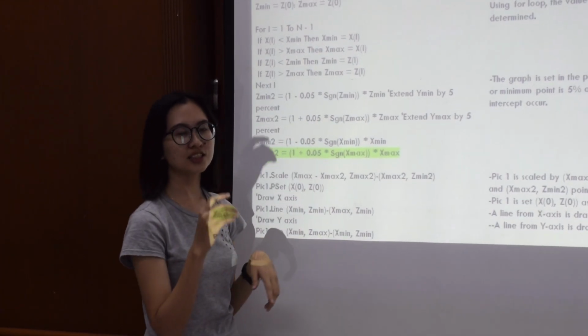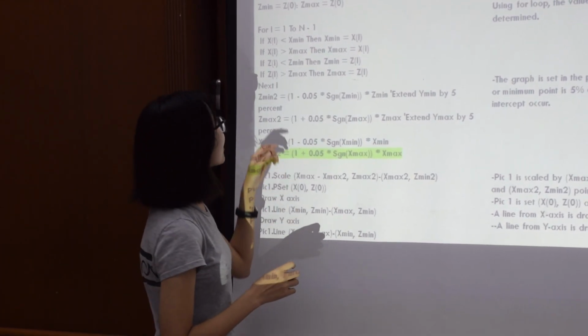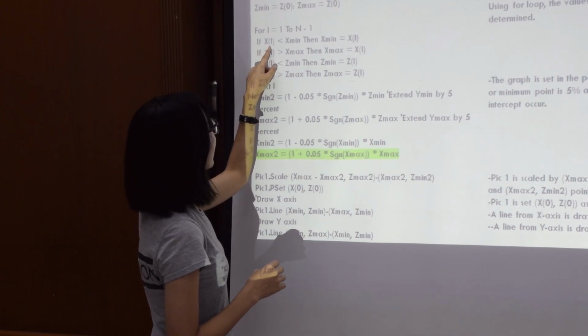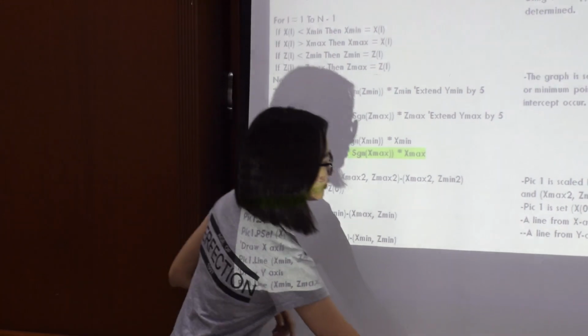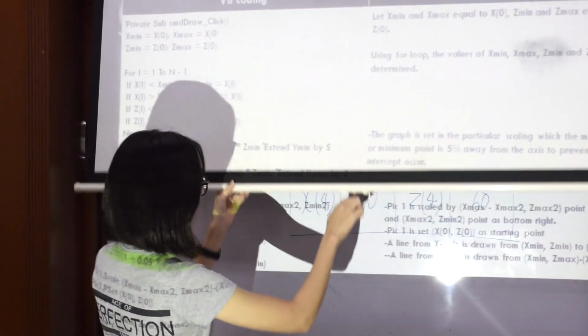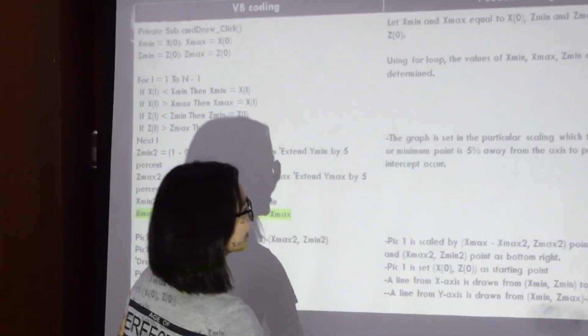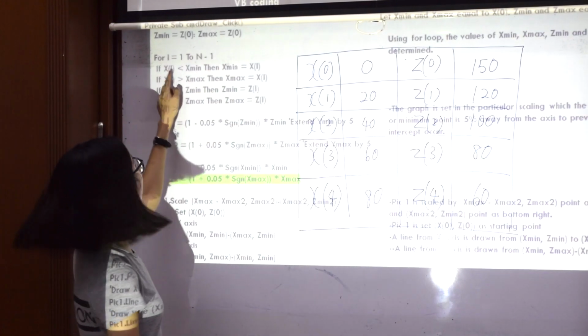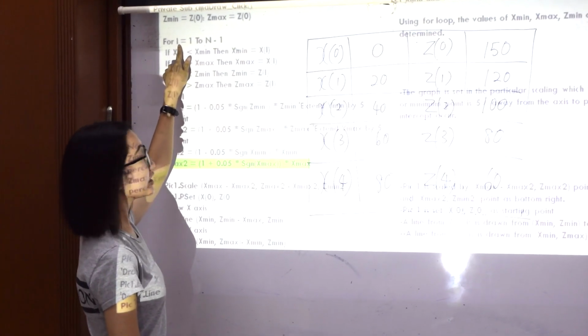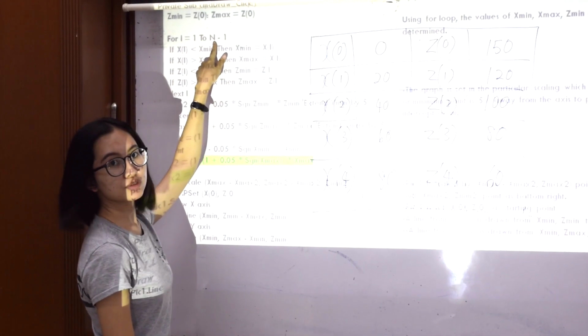Because we only have x0 to x4, so using the for loop method, we start from I equal to 1 to I equal to 4.